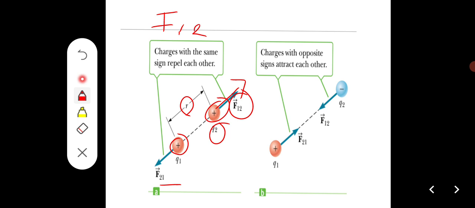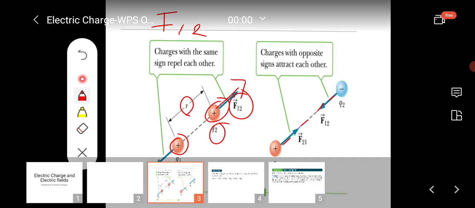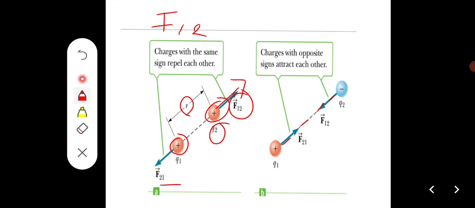Another important thing you have to know is that the electric force is always directed along the line connecting the two charges. In our case, the line connecting the two charges is in this direction because the charges are diagonal. If we had the charges horizontally, the force could have pointed like this.